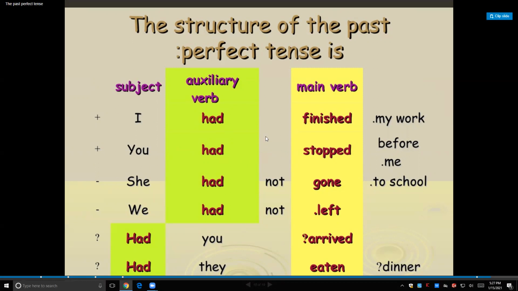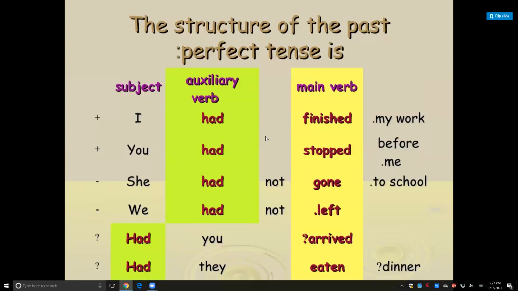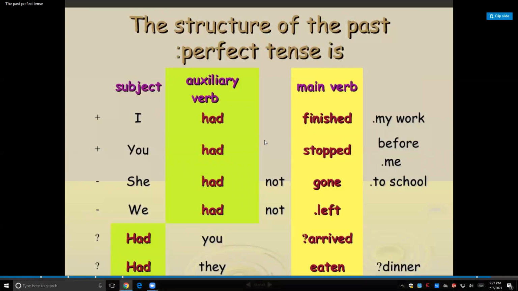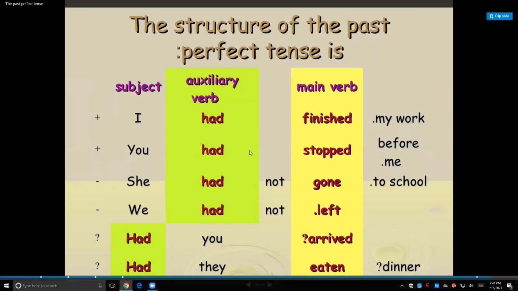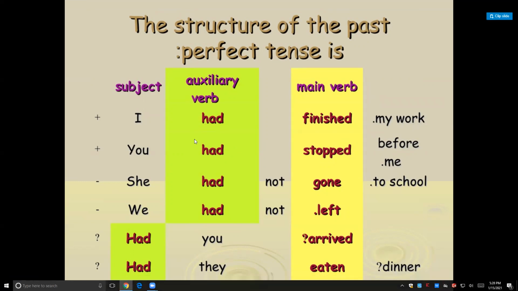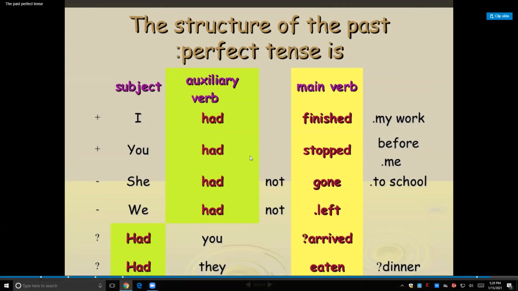Now this is how we make a positive sentence of past perfect tense, but how do we change it into negative and interrogative? In my previous videos, I've already told you that if you have an auxiliary verb in your tense, it is very easy to convert it into negative or interrogative. Do you remember the rule? If you have an auxiliary verb, just put not after this auxiliary verb and it becomes a negative.